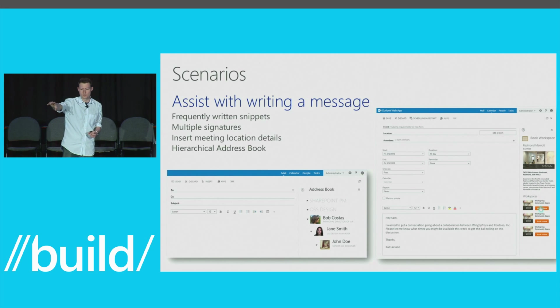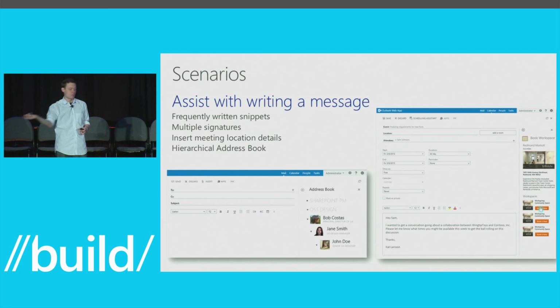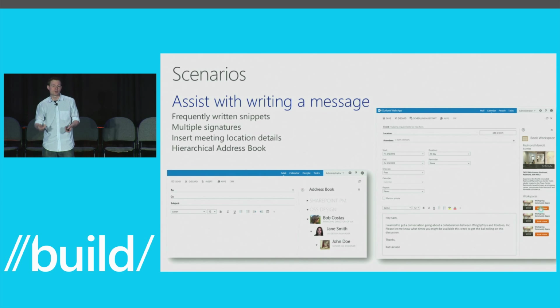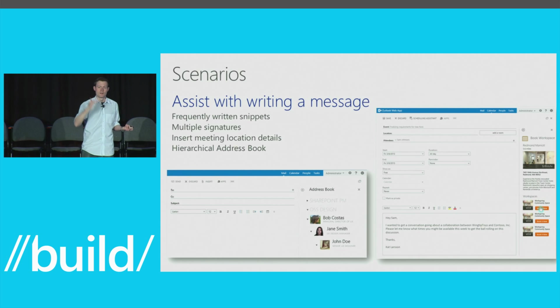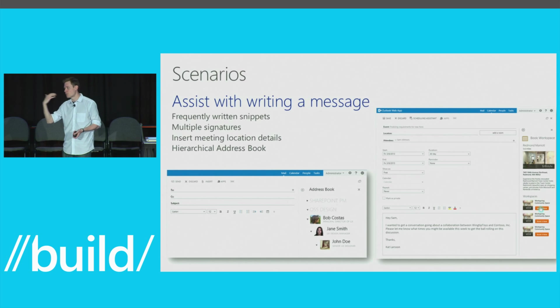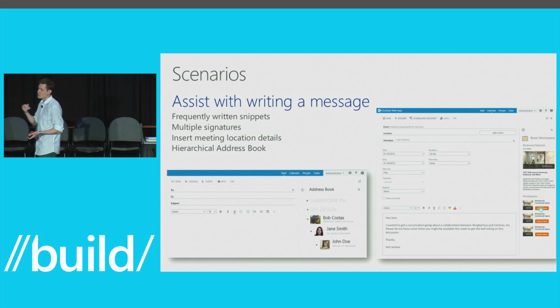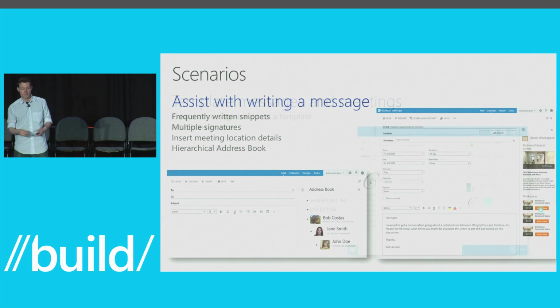Then it allows me to finish filling out the appointment invite, finds the meeting room for me, and I hit book, and it books the conference room based on the start time and end time of my meeting. Or even a hierarchical address book. In certain parts of the world, they prefer to figure out who to send the message to based on the organization structure rather than just typing in somebody's name.